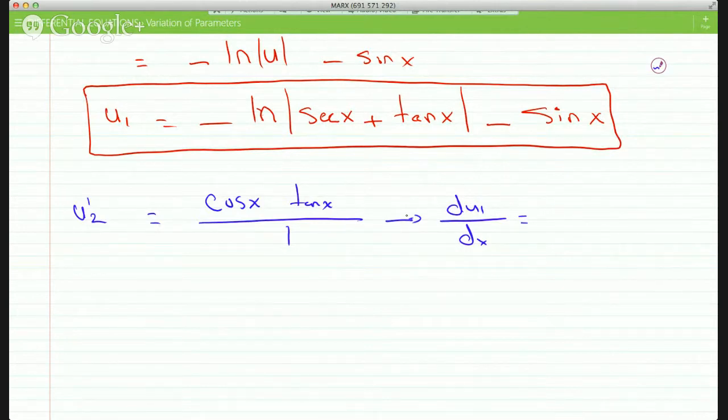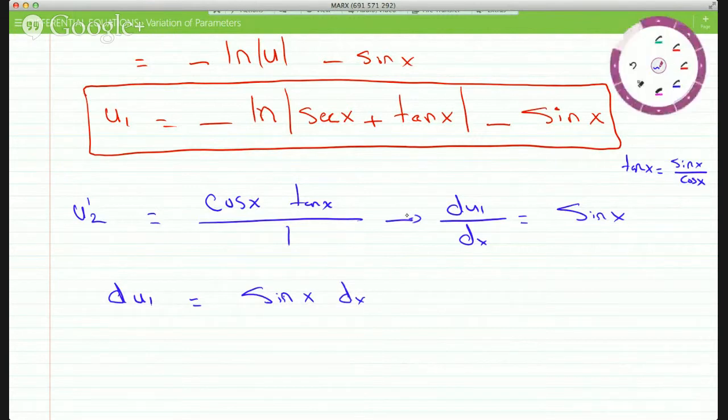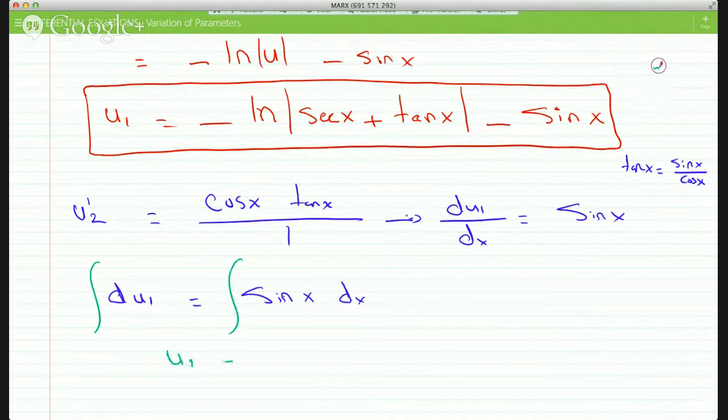Cosine times tan is just sine x, because tan x is sine x over cosine x. So u2 prime is equal to sine x dx. And now I can integrate both sides.